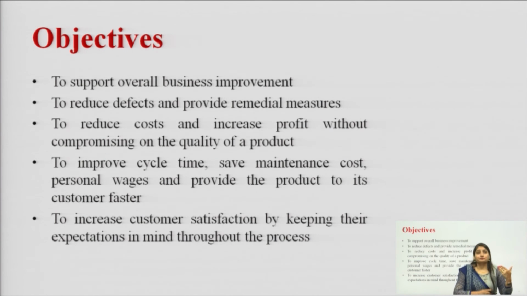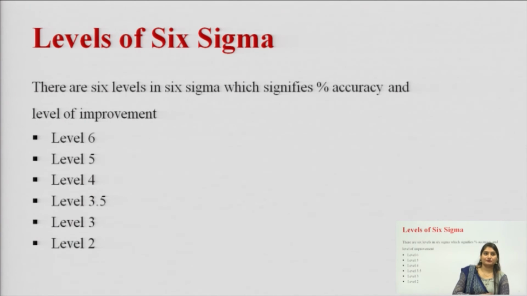So, to increase the customer satisfaction, we are achieving the quality products. So, this is also the objective of Six Sigma concept, that is to increase the customer satisfaction, and this is possible when we understand their expectation, we understand their needs, their demands and their taste.